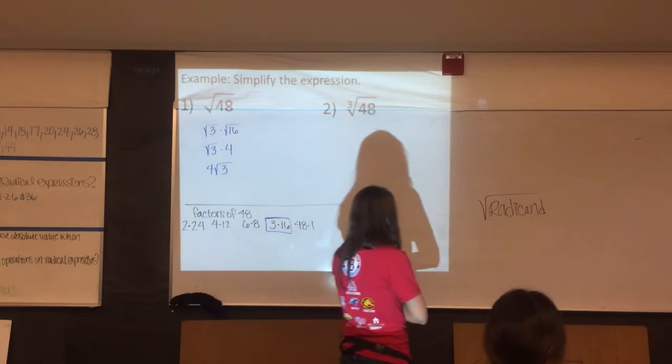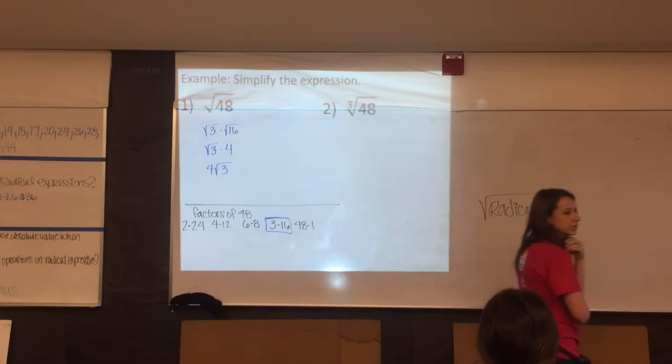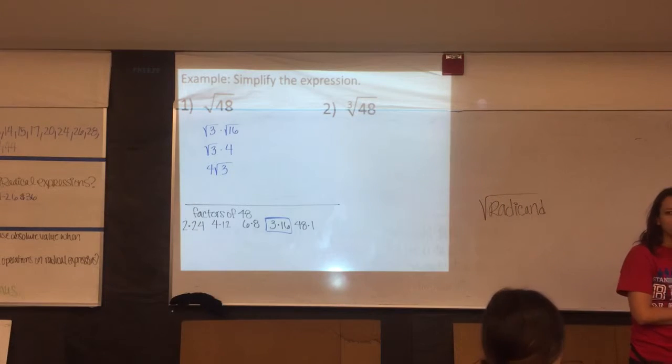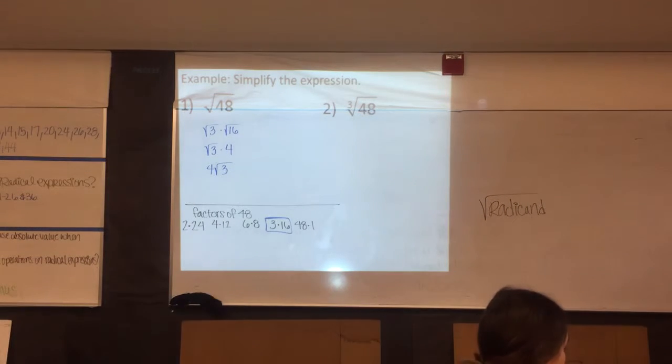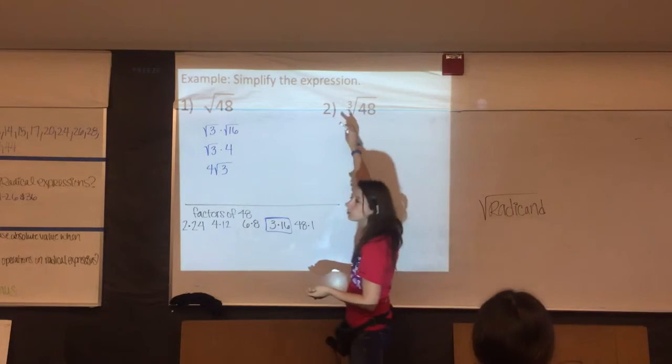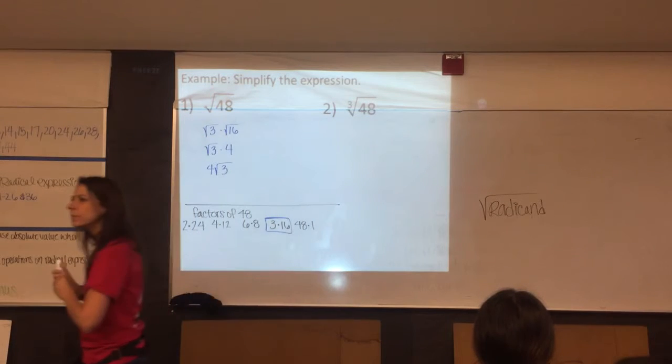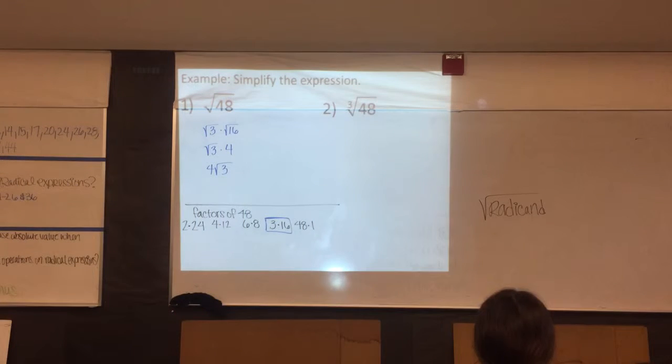Can I get someone new to share with me the difference between the 2? There's a 3 before the square root, instead of like number 1, it just has the square root of 48. Good. So this one we have just a square root, and this one we have a little 3 on it. Does anybody know what the little 3 means?